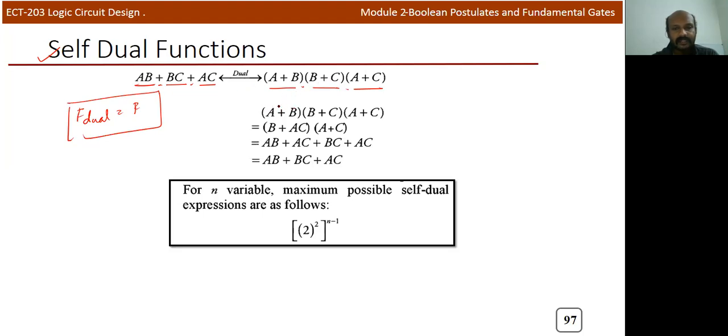For that, I can multiply these terms. If you expand this bracket, you will get AB plus AC plus B into B plus BC.